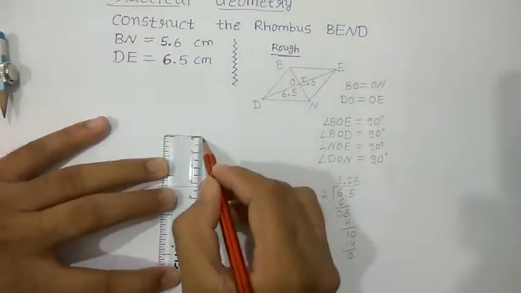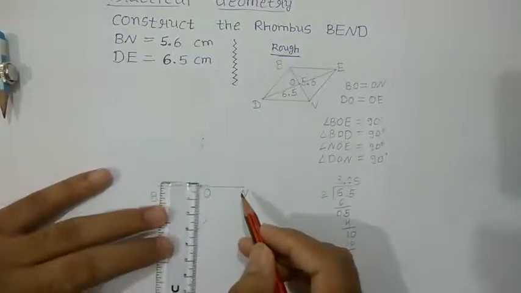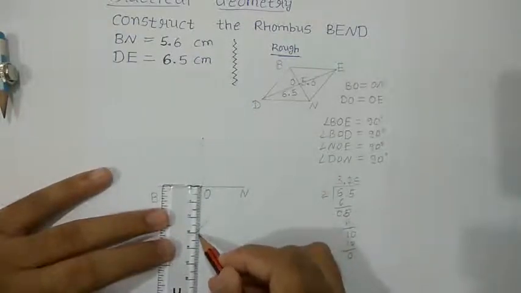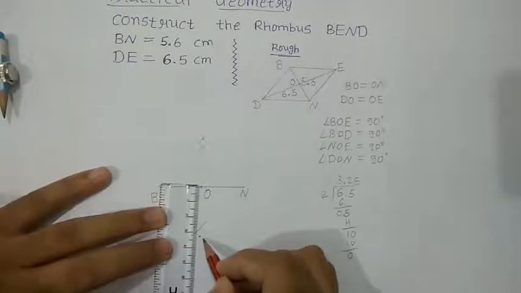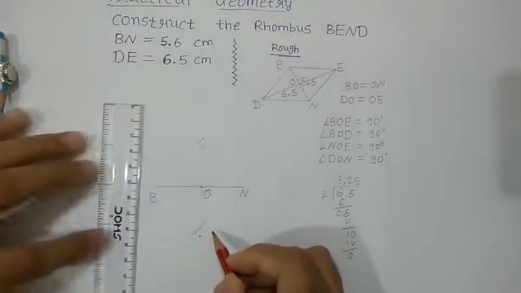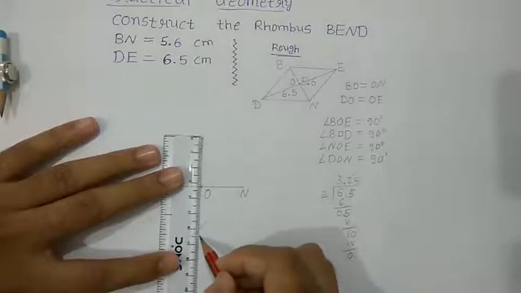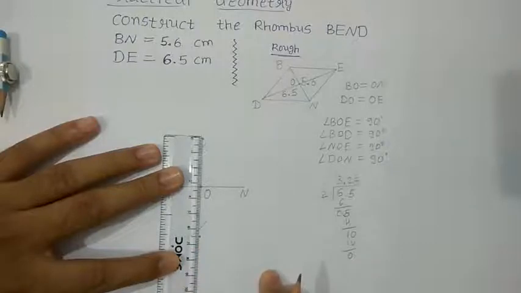So make one point here, right? In the same way, we have to take 3.25 centimeter here. So this is 3.2, and then make half between 3.2 and 3.3. So this total distance, now we can measure that it is exactly 6.5 centimeter, right?